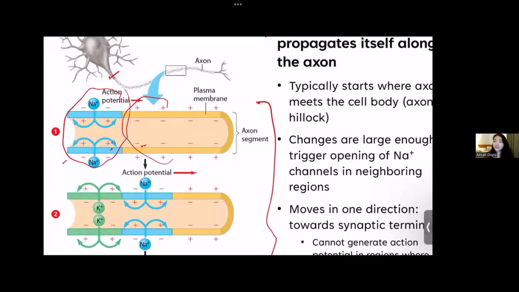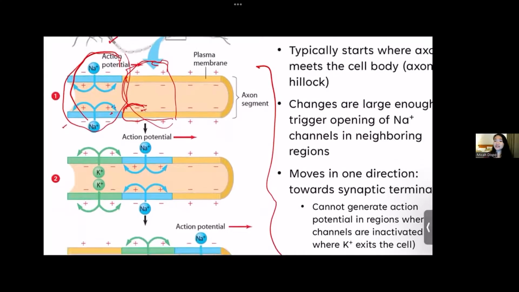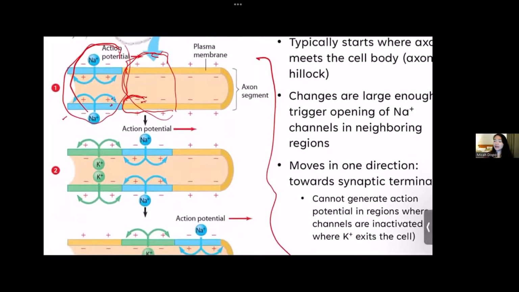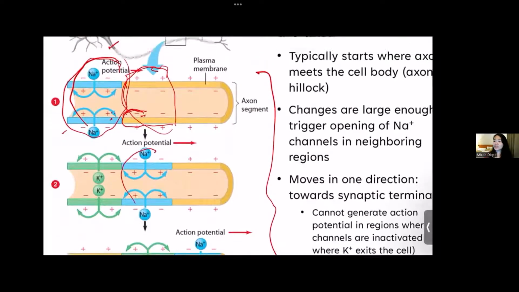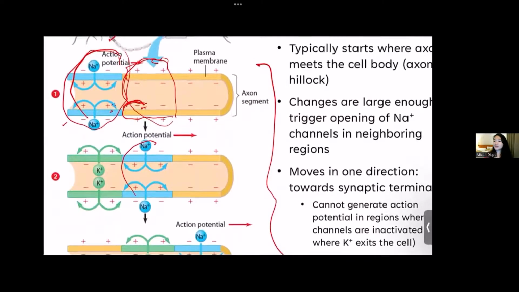Okay, so here, when sodium ions flow in due to the action potential, the spread of this is actually enough to trigger this neighboring region to actually reach threshold. And thus, here in the neighboring region, this will actually trigger an action potential because it has reached threshold from the influx of sodium ions from this first region. Okay?